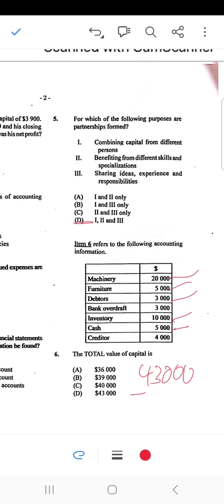And then we subtract our liabilities, which would be the bank overdraft and the creditors, which would be 7,000. That will leave us with 36,000. So our answer would be A.